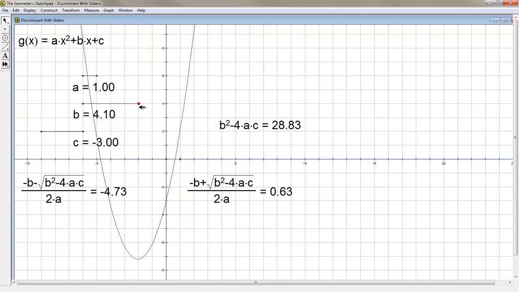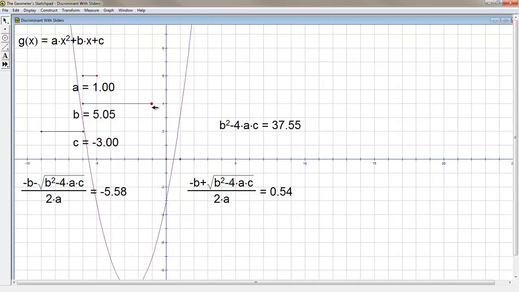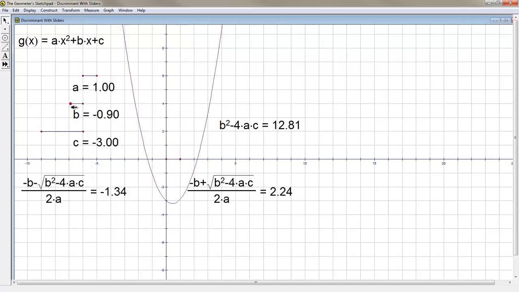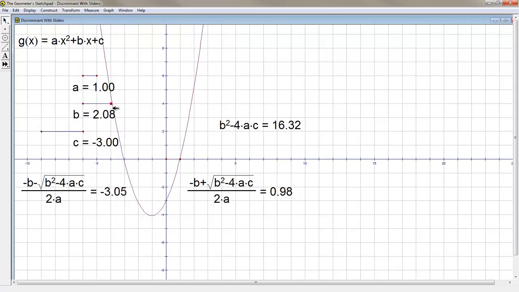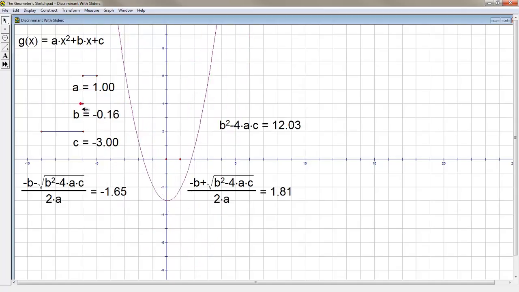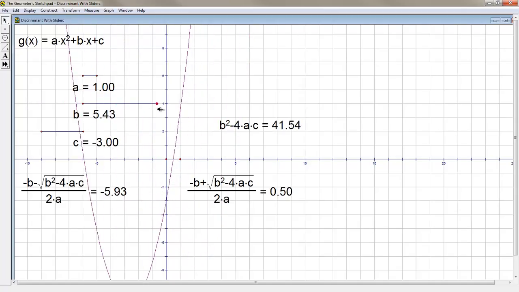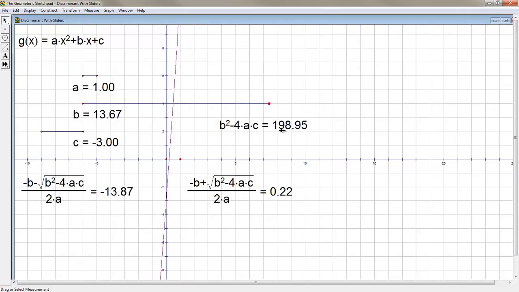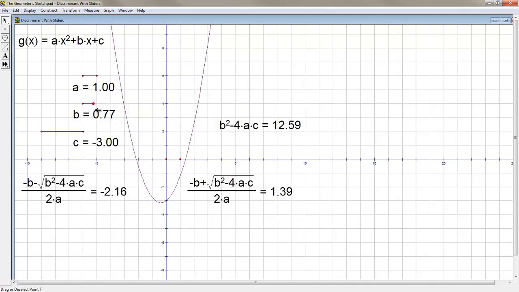And so I can't actually make it go from 2 roots to no roots using the b value here at all, because it's not moving it up or down off the y-axis at all. So all of these discriminant values are positive because we have 2 different roots. Okay, so let's put it back to around 2.